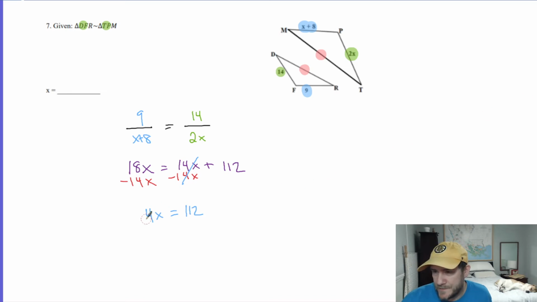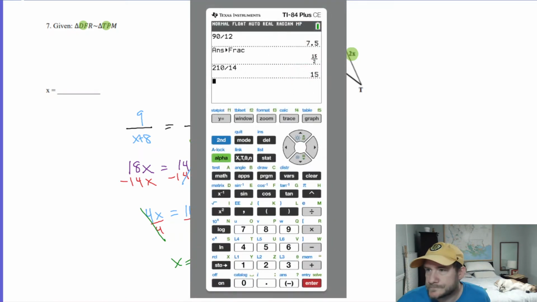So now we just divide by 4. 4's cancel, and you get an x that equals, I don't know, 28? I think it's 28, but let's be sure. 112 over 4. Yeah, 28. Okay, cool.